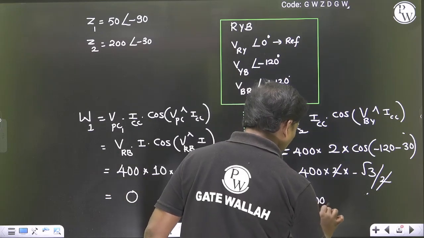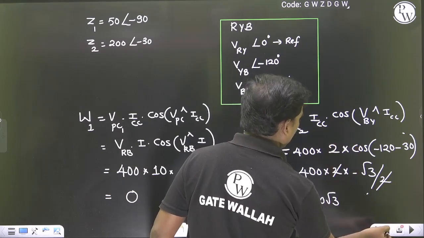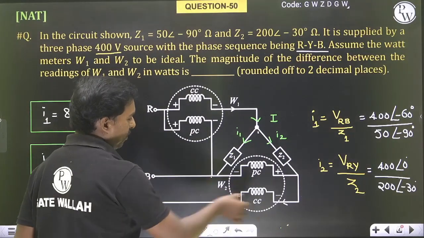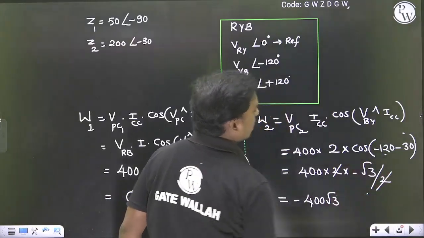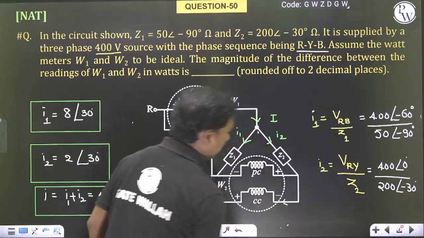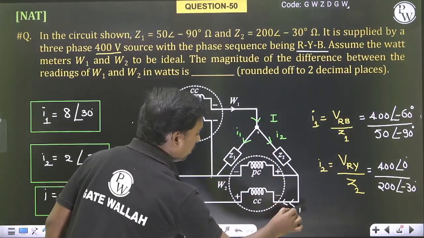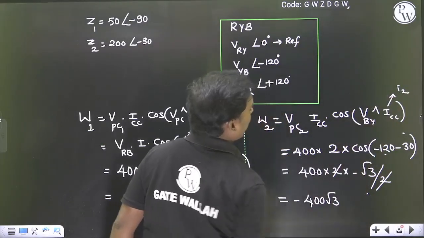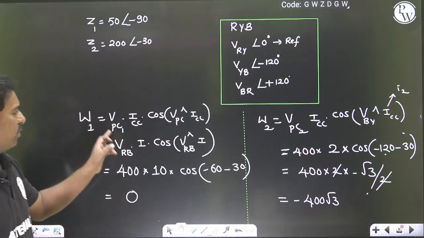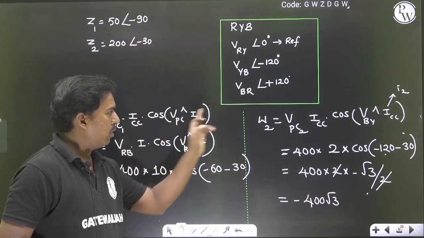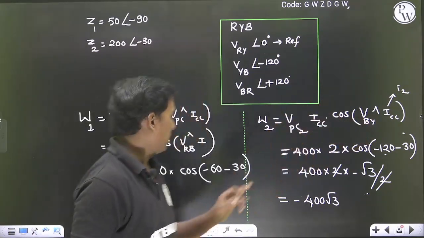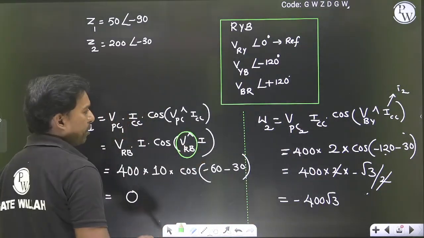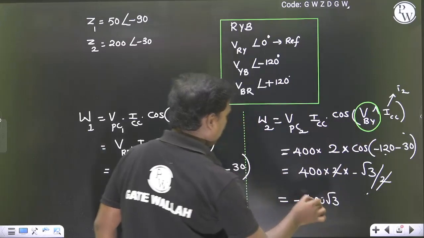That is the difference you have to understand. Why? Because the second pressure coil is connected between Y and B, that is VYB, at minus 120, and the current coil carries the same current I2. So wattmeter 1 reads 0 and wattmeter 2 reads minus 400 root 3.